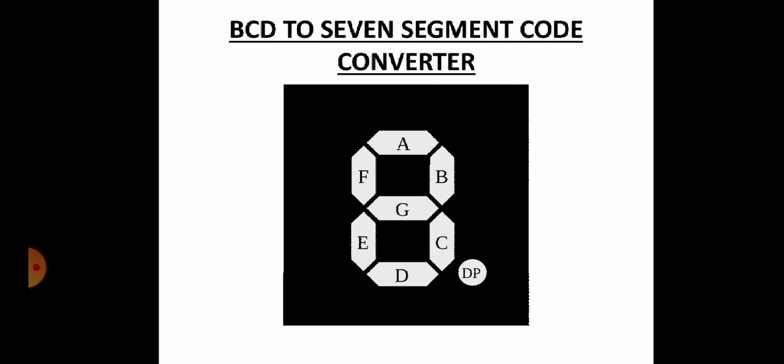So this is the representation of the 7 segment display. This A, B, C, D, E, F, G, these are the LEDs, and there is a dot portion, and this is represented by some variables. We will write A, B, C, D, E, F, G, H. You can use either common anode type or common cathode type.